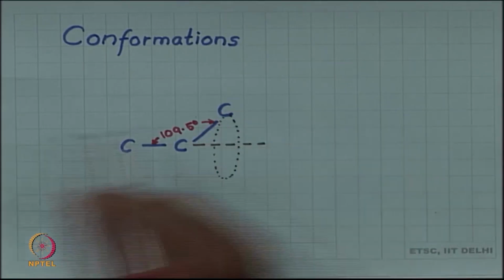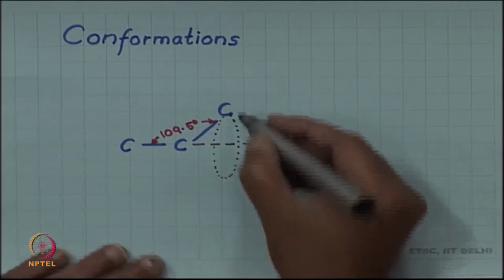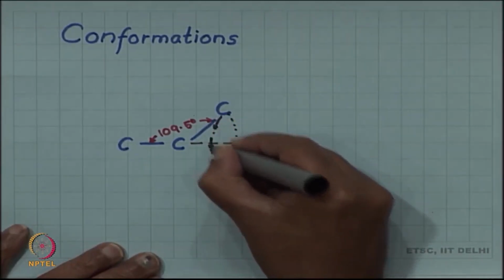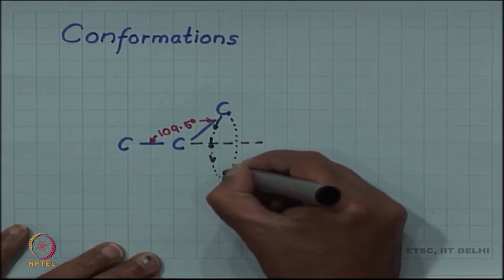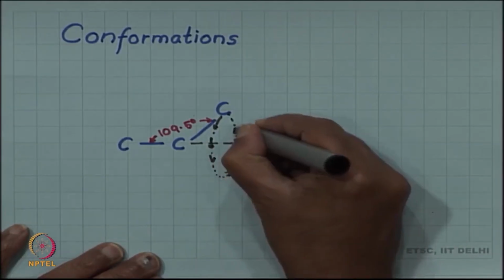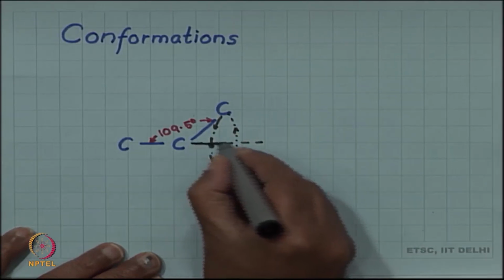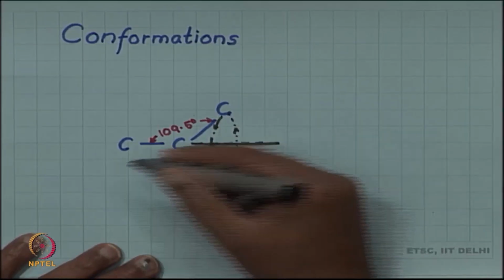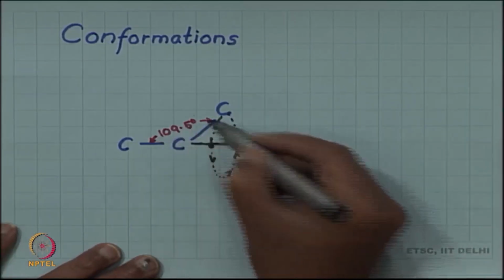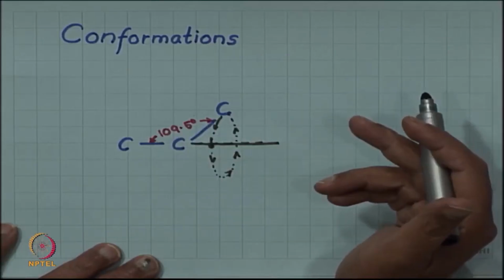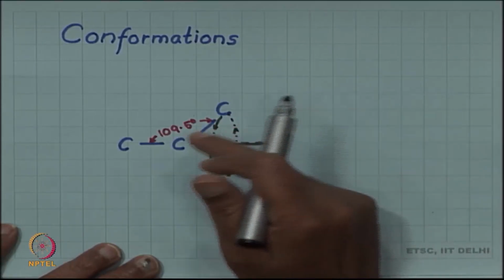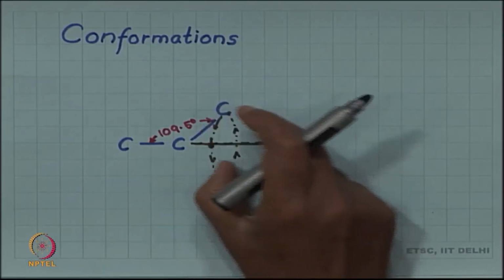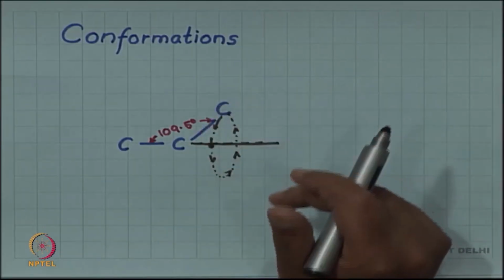Here I have shown that possible rotation. I can take this carbon atom and rotate it in this manner about the axis defined by the other bond. If I rotate it about that axis, this angle of 109.5 degrees will be preserved, but the carbon-carbon structure will be taking different shapes in 3 dimensions.